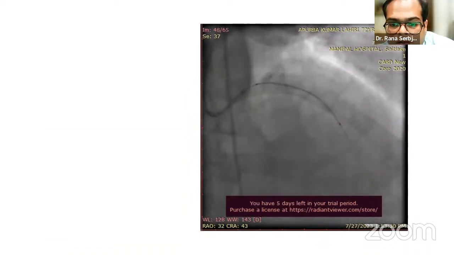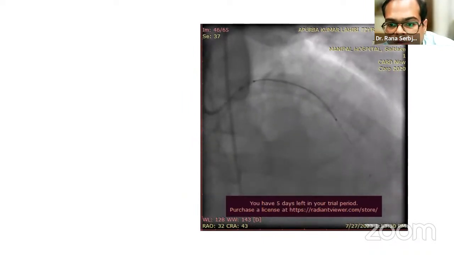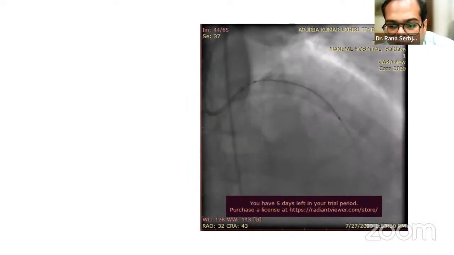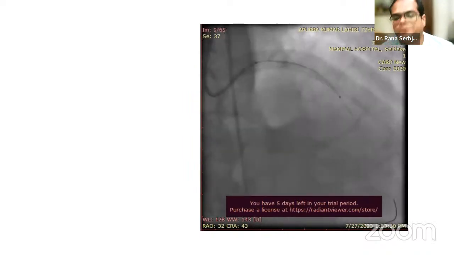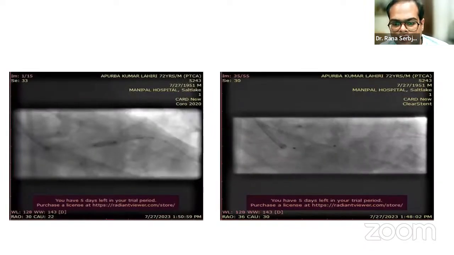What we saw, the overlap zone was very well apposed, with good apposition. This is all the NC that we did.